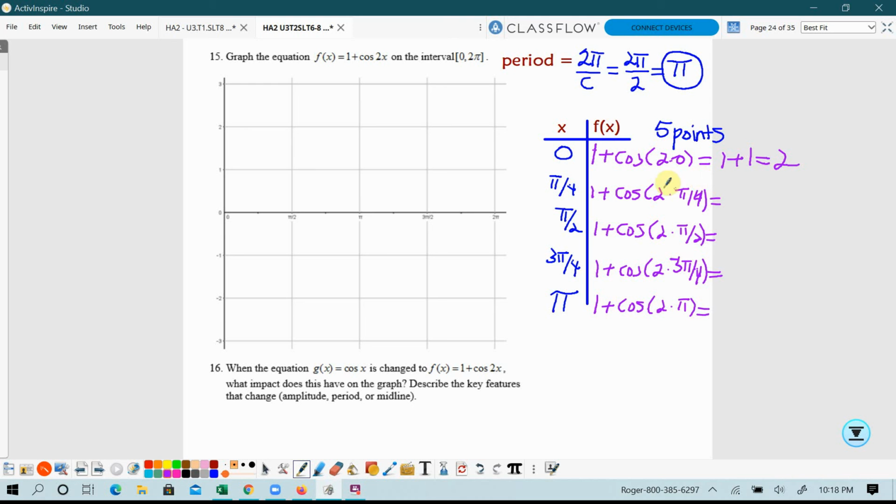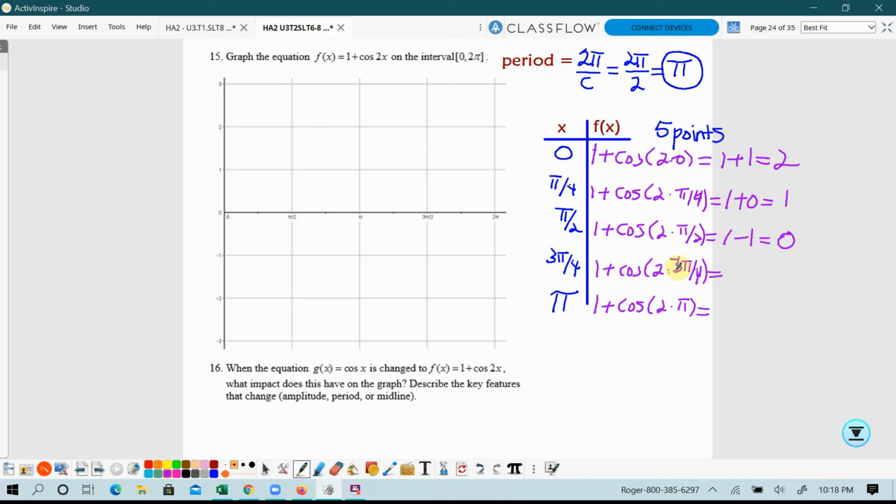Okay. 2 times pi over 4 is pi over 2. Now you're looking for the cosine of pi over 2, which is 0. And 1 plus 0 is 1. 2 times pi over 2 is pi. The cosine of pi is negative 1. 1 plus negative 1 is 0. 2 times 3 pi over 4 is 3 pi over 2.